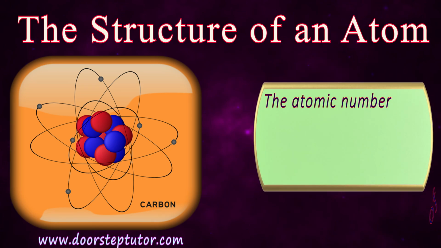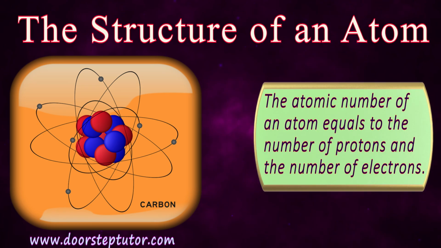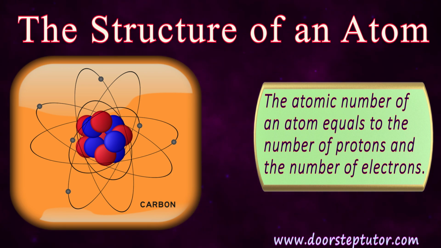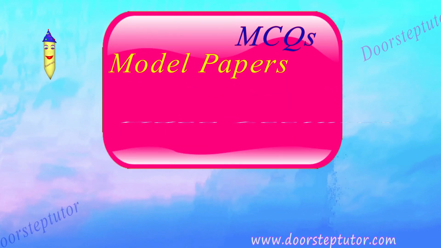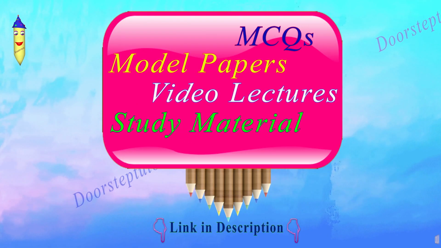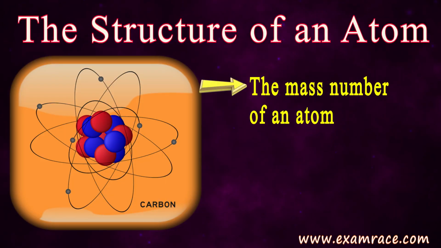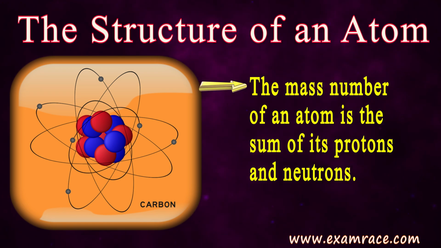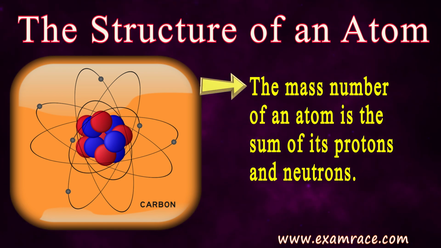So what is an atomic number? An atomic number means the number of protons and electrons in an atom. The mass number is the sum of protons and neutrons of the atom.